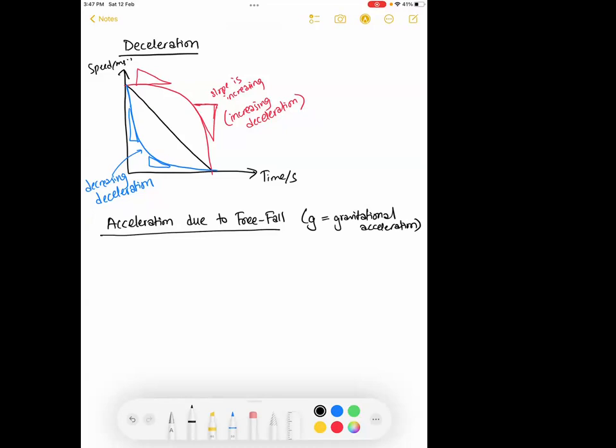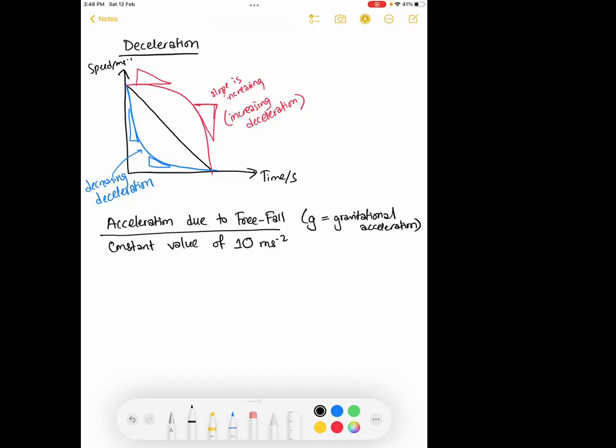You have to take it as a constant value of 10 meters per second squared. You don't even have to take 9.81. It's okay if you write 10. That means when an object is dropped, let's say from the top of a building, its speed will increase by 10 meters per second every second.